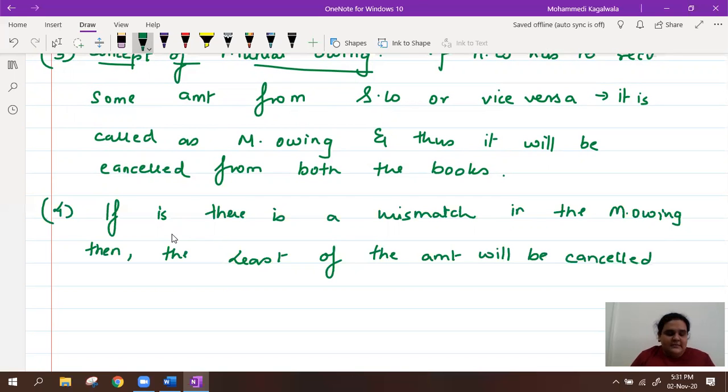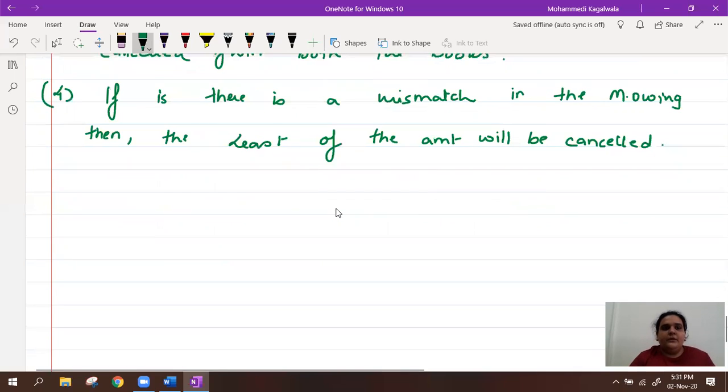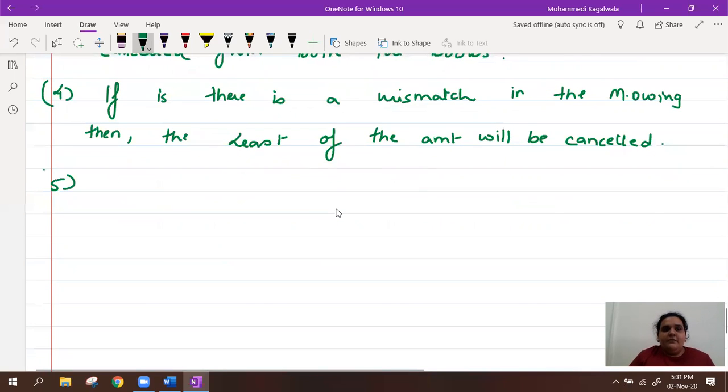This we will see as and when we move from one question to another. Right now I'm giving you those notes which are important for the sums which we will be doing today in this lecture.